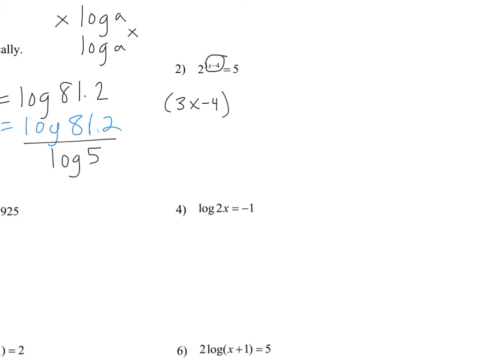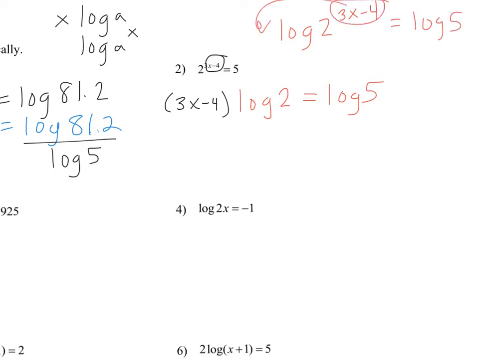I'm already going to put it down when I take the log of each side: 3x minus 4 times log 2 equals log 5. I already accounted for that step, so from now on, instead of writing it out in two steps, I'm just going to go right to this next step.